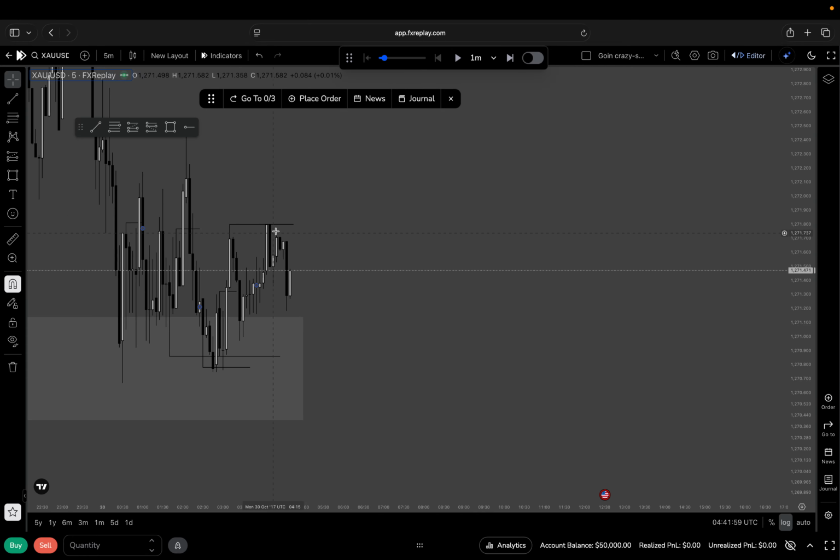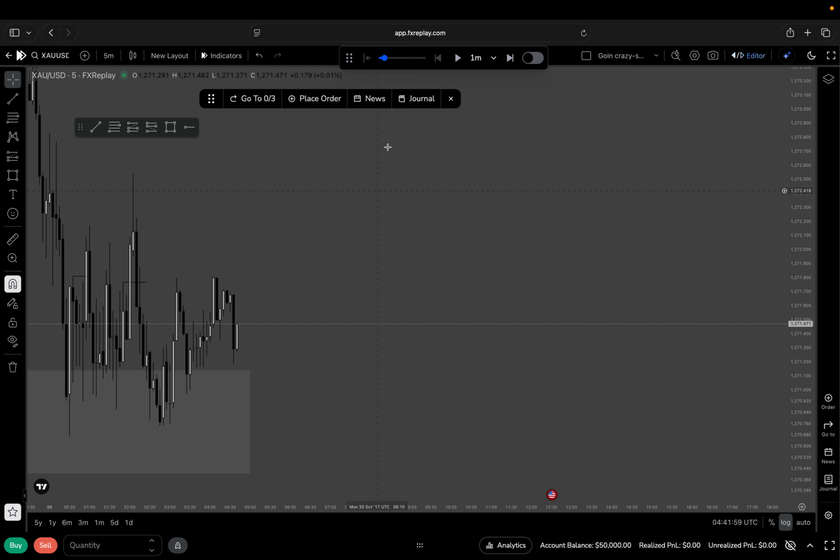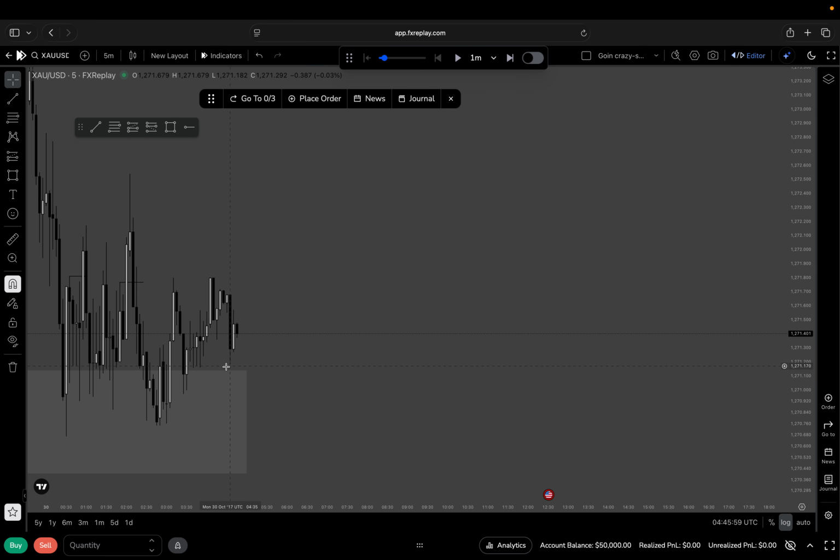Okay, structure's now turned bearish on the internal. So we can get rid of all of this. Do have these 5-minute lows here.